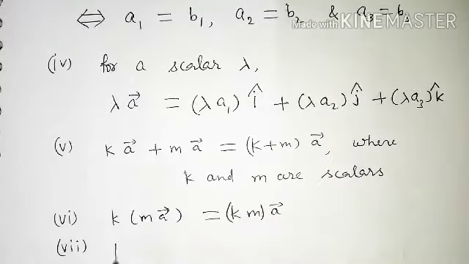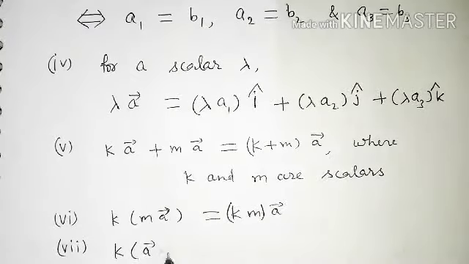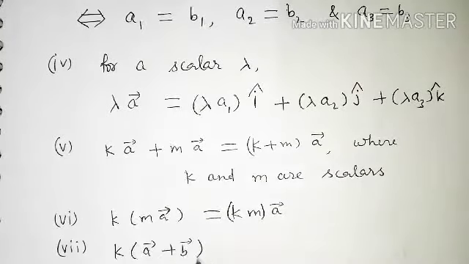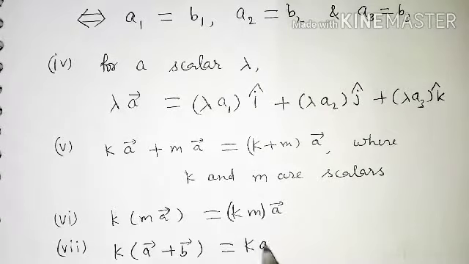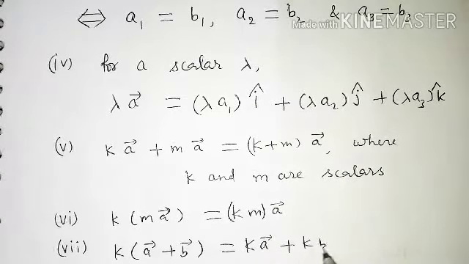Also k into (vector A plus vector B) is equal to k vector A plus k vector B.